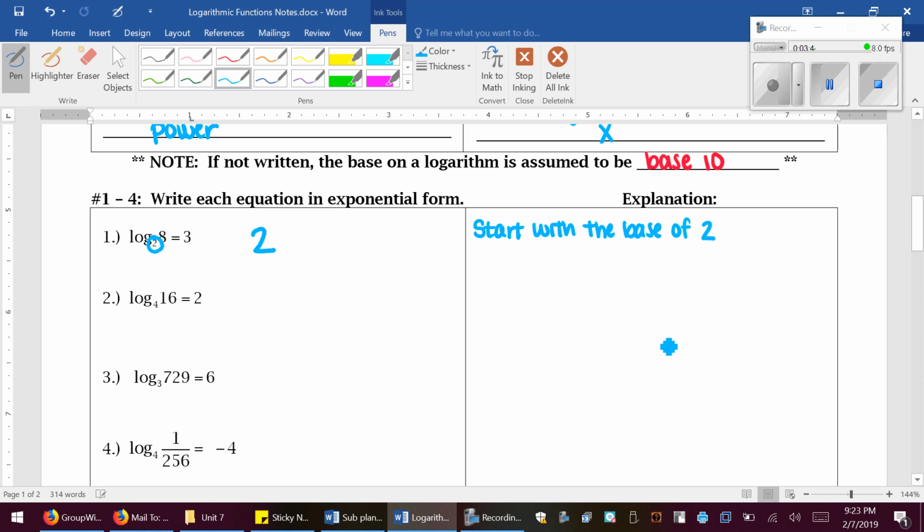Write it down. Circle around to the other side. Three is the exponent.